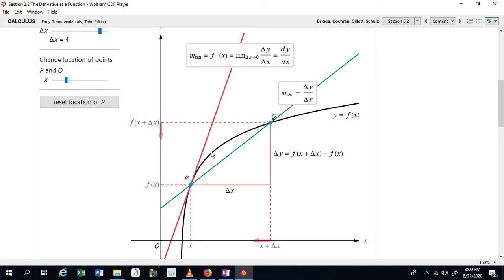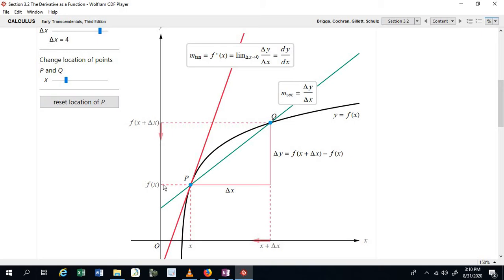Okay, and then let's draw the secant line that goes through those 2 points, and then let's find the slope of that secant line. Of course, the slope of that secant line would be rise over run. The rise in this case would be this y value minus this y value. So f evaluated at x plus delta x minus f evaluated at x, right?